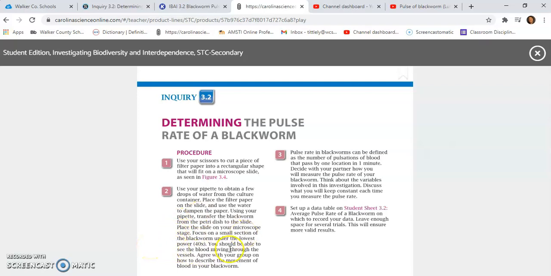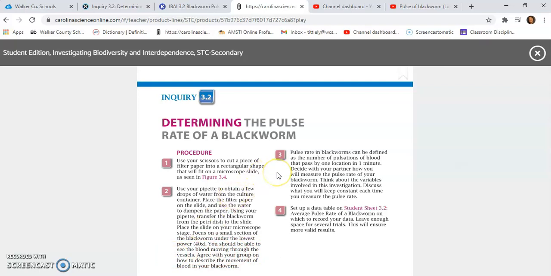But basically what we're going to be doing is looking at a blackworm that has been put on a slide or even on a petri dish on a piece of filter paper. We're going to be putting the blackworm on the microscope stage at a power of 40x, and we should be able to see the blood moving through its blood vessel.